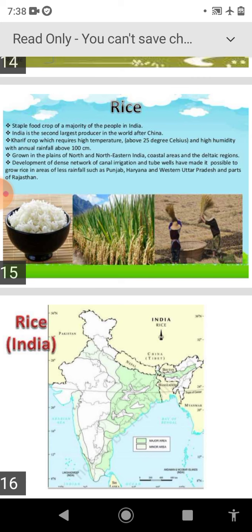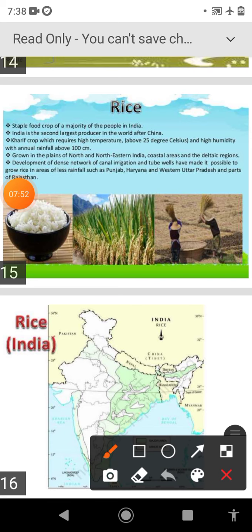With regard to rainfall, the amount of rainfall required for cultivation of paddy is above 100 centimeters. And with regard to the soil, paddy can be cultivated in alluvial soil with clay subsoil.